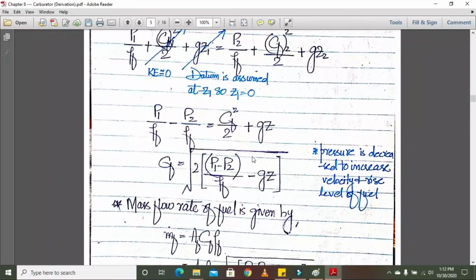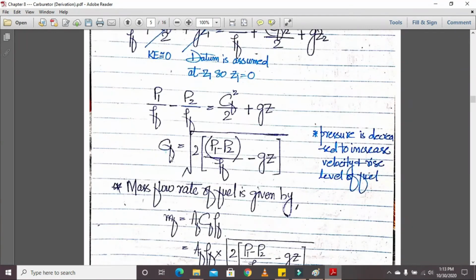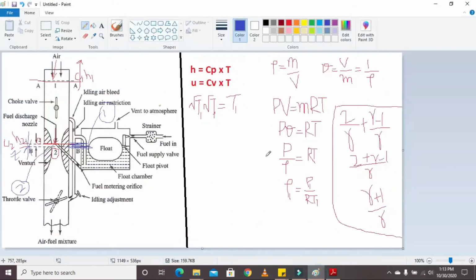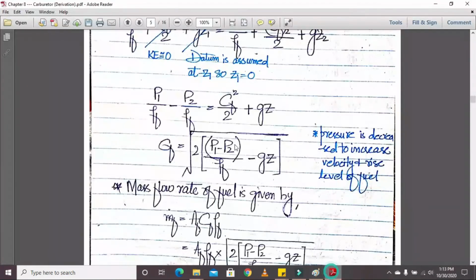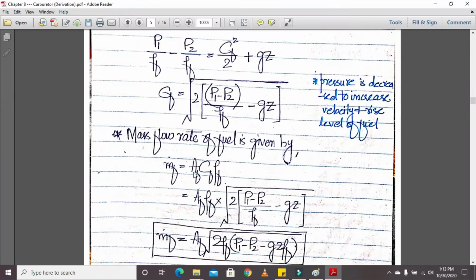Okay, so now we have obtained the relation for the speed of the fuel. Now again, the area of the fuel metering orifice is basically a design factor. We do not require to determine any relation for that.